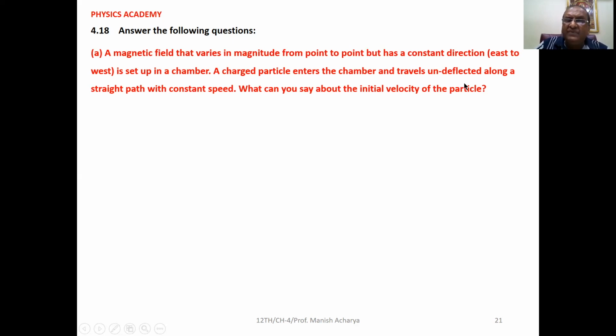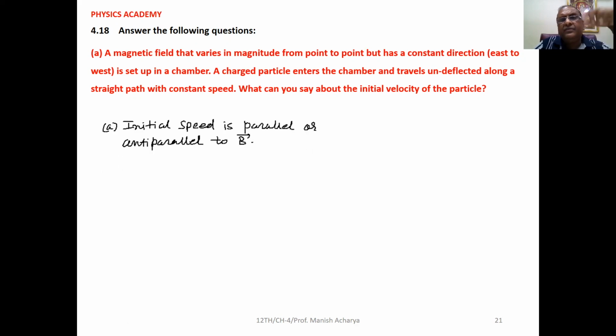What can you say about the initial velocity of the particle? When the charged particle is moving undeflected, it implies that the magnetic force is not acting on it. Now, we know that when any charge Q is moving in the magnetic field B with velocity V, the force acting on it is QVB sin theta.